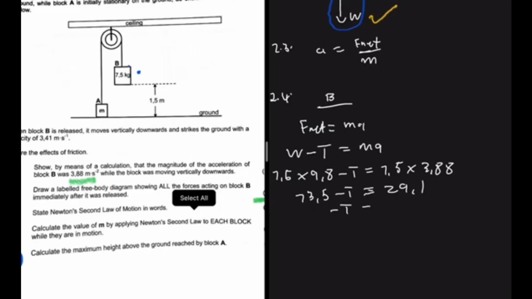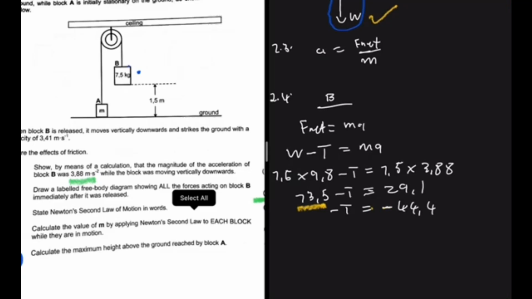So minus tension will be equal to, so now we take this term to the right hand side, so that it will be 29.1 minus 73.5, which is equal to minus 44.4, right?